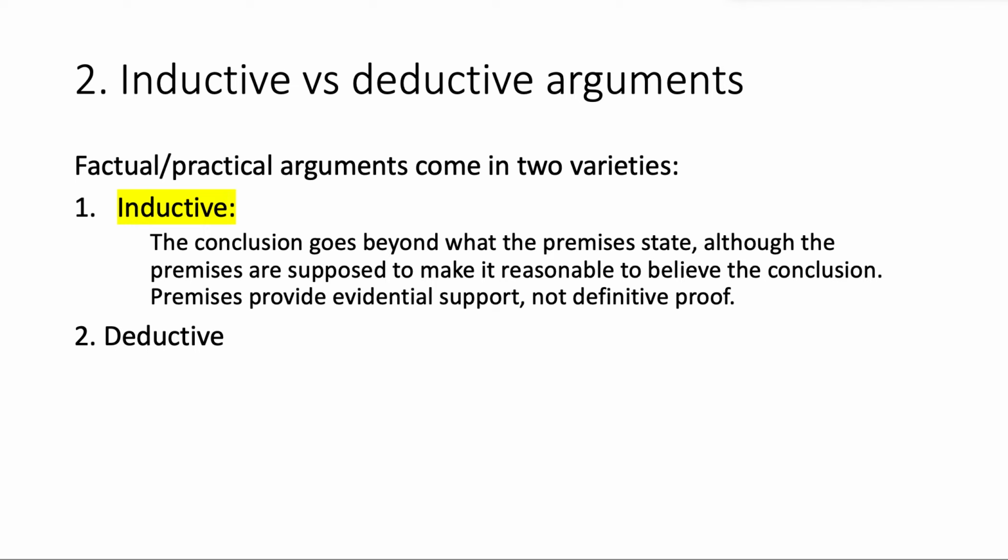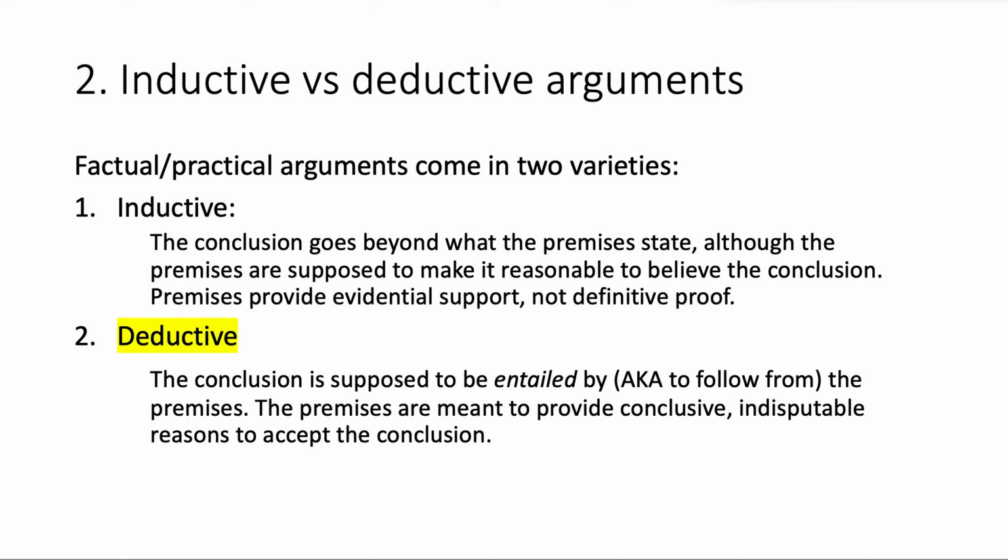Okay, I'm just going to contrast this with deductive arguments now, and then we'll look at some examples. So with a deductive argument, the conclusion is supposed to be entailed by or to follow from the premises. And so here, the premises are meant to provide conclusive or indisputable reasons to accept the conclusion.